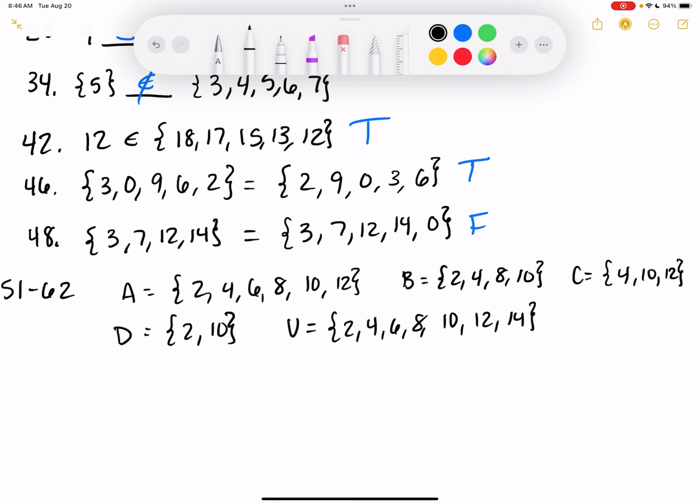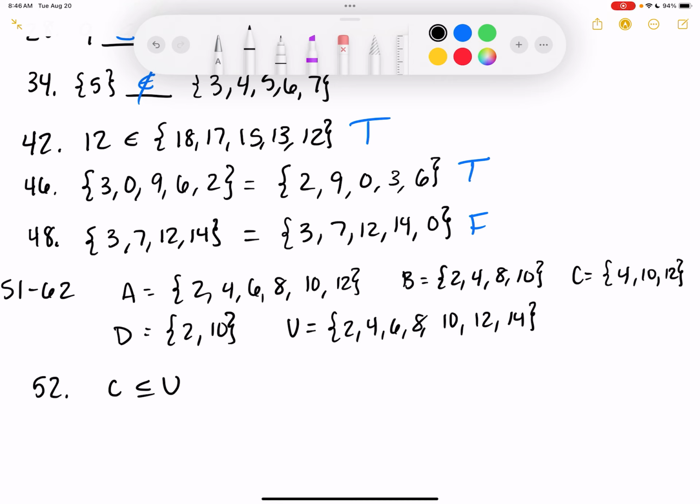So they'll give us something like 52, and they'll say that C is a subset of U. Oh, these are still true-false questions. So subset, let me find where that is.